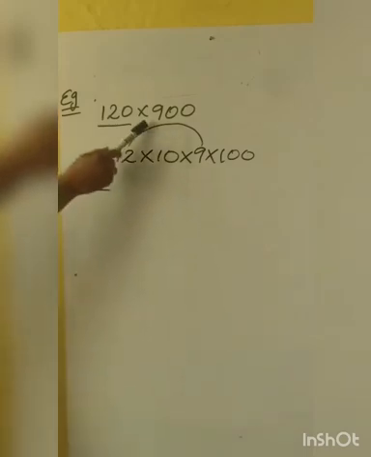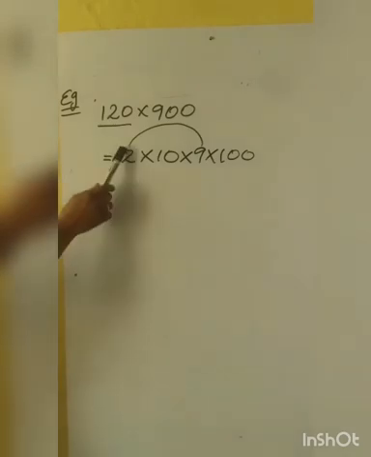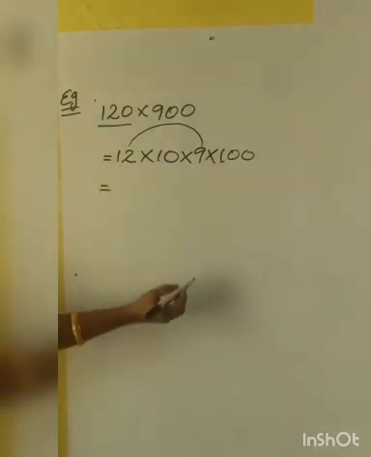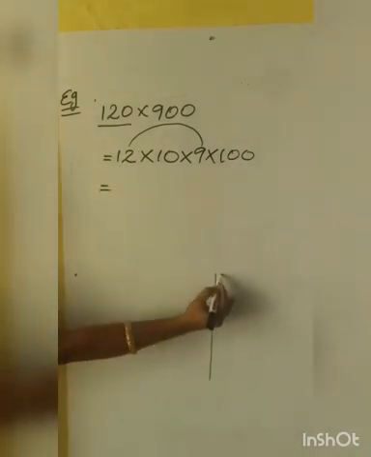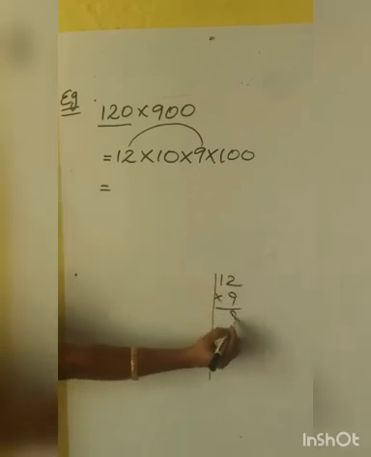Next I have to split 900 into 9 multiplied by 100. Next I want to multiply 12 into 9. 12 multiplied by 9. 9 2s are 18.